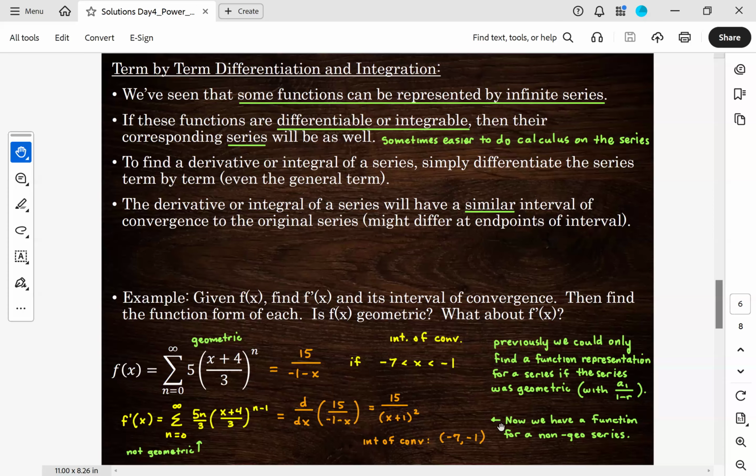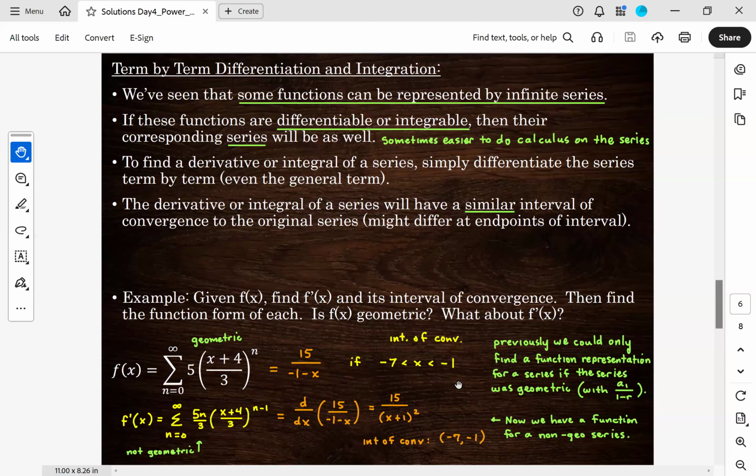So now, all of a sudden, for the first time, we have a function for a non-geometric series. We couldn't have pieced it together using the old technique. We were only able to get there using calculus, using derivatives.